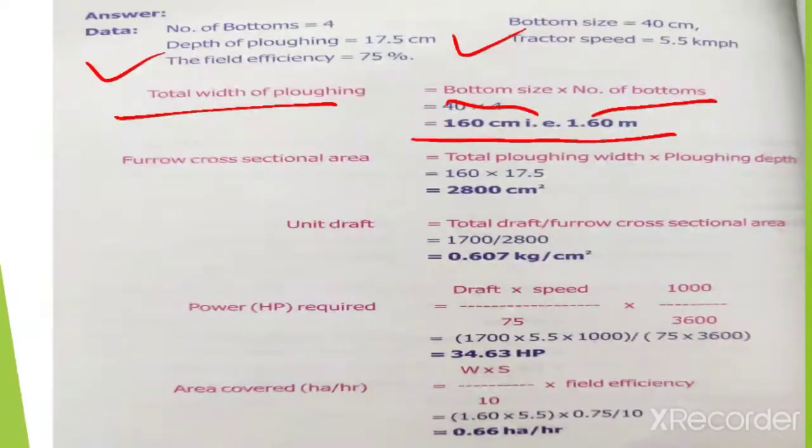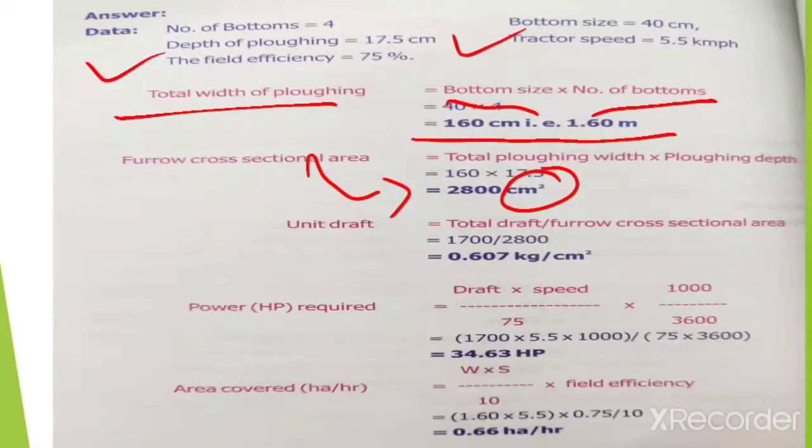Now furrow cross sectional area is equal to total plowing width into plowing depth, so 160 into 17.5 centimeter, the answer will be 2800 centimeter square. This is area, so the unit is squared. Now the formula for unit draft is equal to total draft divided by furrow cross sectional area.